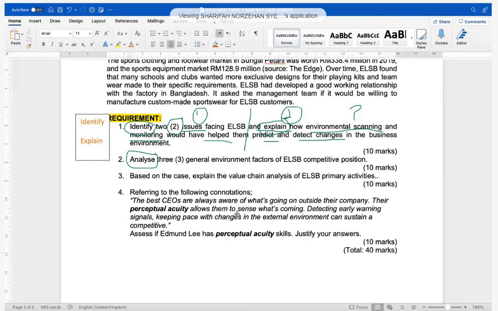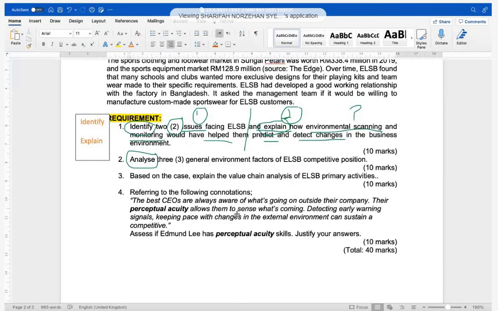It can't be controlled. So in this context of the question, at least you know those are the criteria of your general environment factors, something that can affect the competitive position of ELSB.